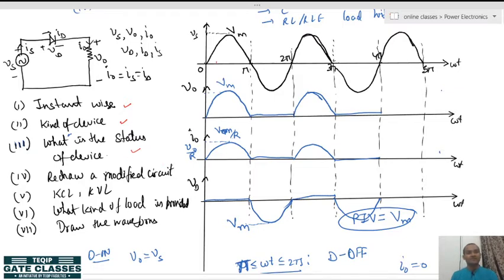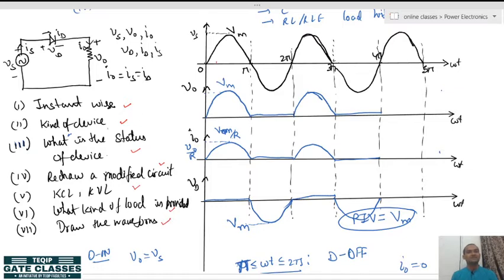Based on the above three points, we redraw a modified circuit based on the switching of the devices. Then we apply the circuit equations in terms of KCL and KVL, and then we see what kind of load has been provided. Then we draw the waveforms.